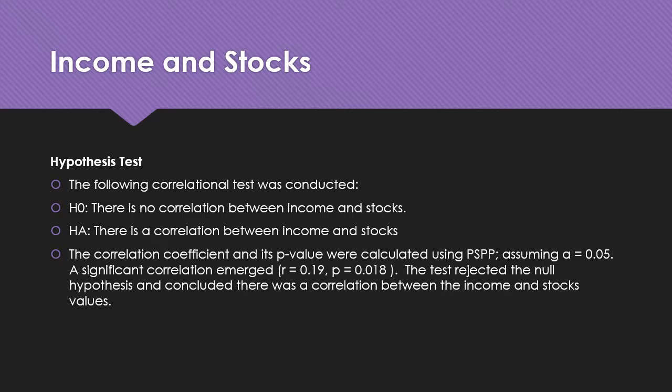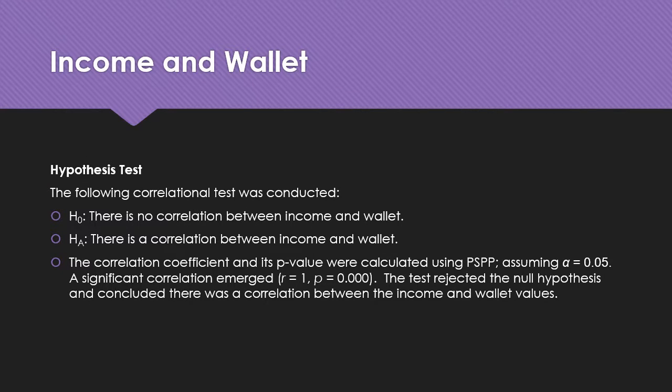But it's enough to say that there is a correlation, especially since the p-value is 0.018, which is significantly less than the alpha value of 0.05 that we use for this class along with most real-life testing. Therefore, the test rejected the null hypothesis, and we should conclude that there is a somewhat weak correlation between the income and stock values.